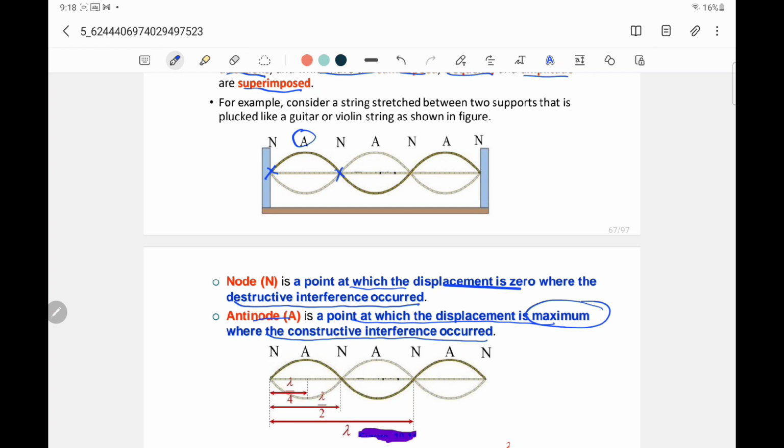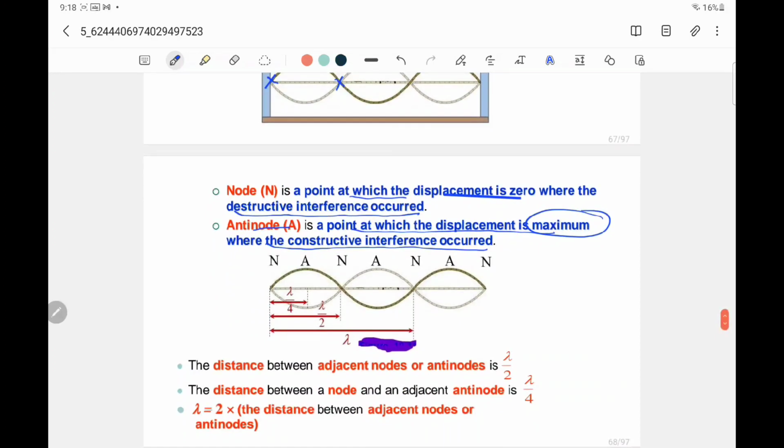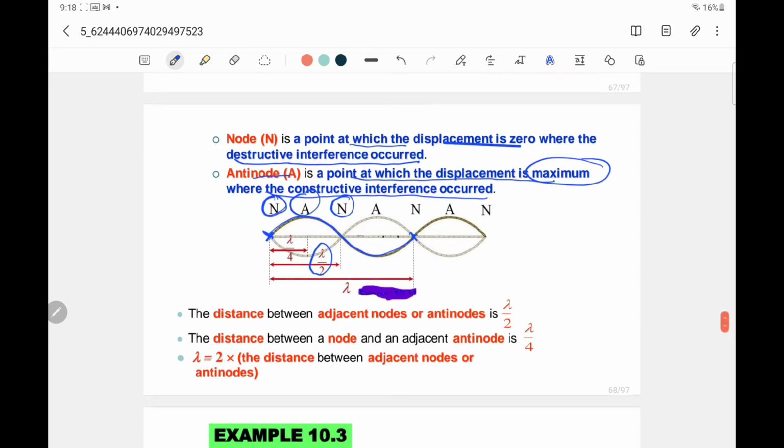Alright, so here we can see the distance between a node and an antinode is lambda over 4, and between a node and the other node we have lambda over 2, and from node to node here we have lambda. The distance between adjacent nodes or antinodes is lambda over 2.